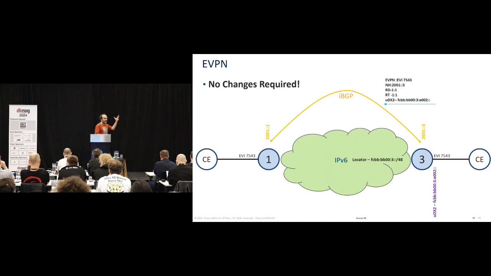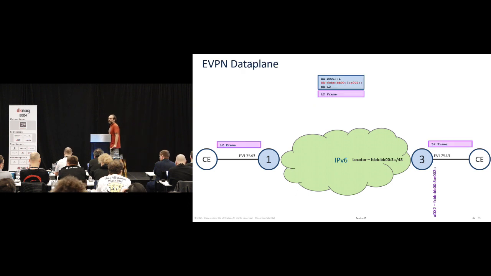Because this is just layer 2, and I'm expecting encapsulation of layer 2 frames. And always that function is coming from the locator, and the locator is entirely routable. Then, when encapsulating, ingress PE based on the received frame just encapsulates with the outer IPv6 header and forwards towards the destination. And that's it.